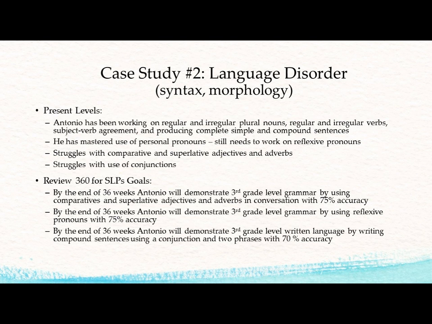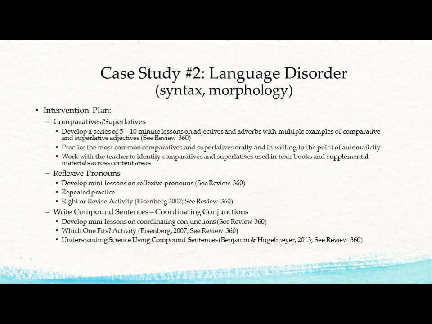Moving on to intervention planning based on those goals, we are going to do some activities in therapy related to the goal for comparatives and superlatives, some activities that are evidence-based, working on reflexive pronouns, and some activities for writing compound sentences using coordinating conjunctions.